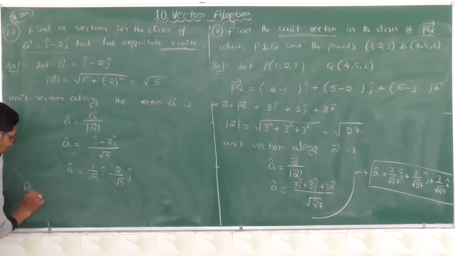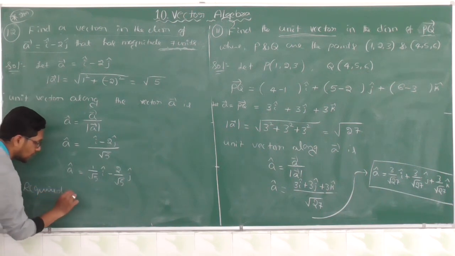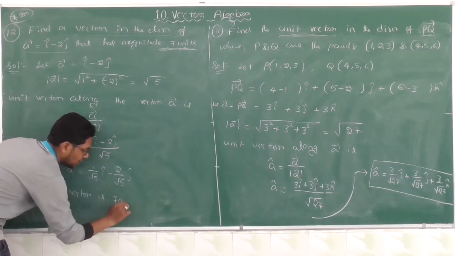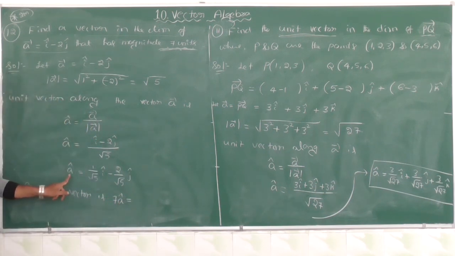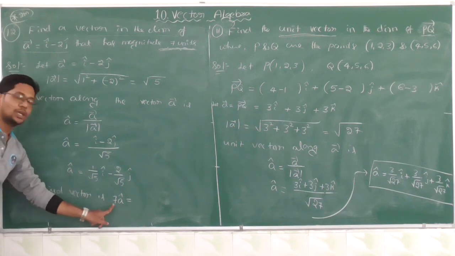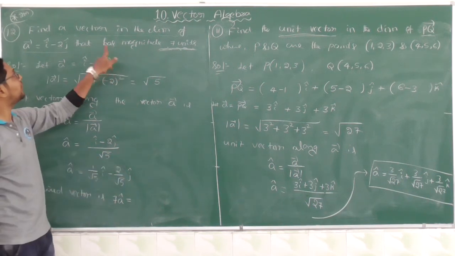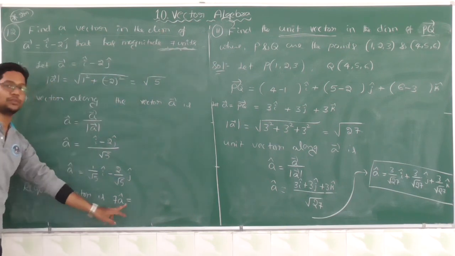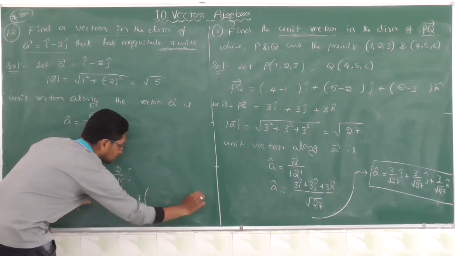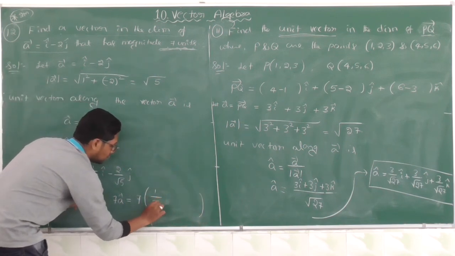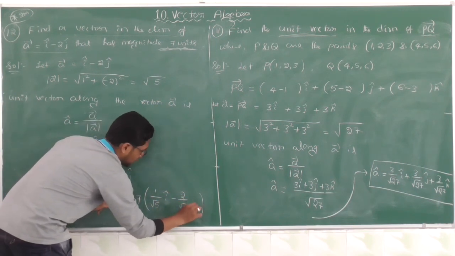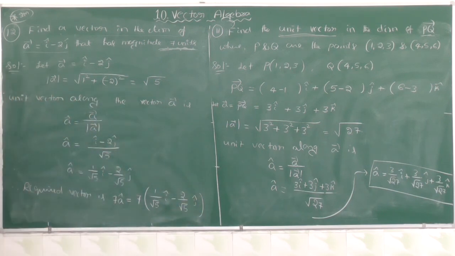Therefore, the required vector is 7 times the unit vector, because we have to find a vector that has magnitude 7 units. 7 times the unit vector equals 7 into 1 by root 5 i cap minus 2 by root 5 j cap. Hence, it is the required vector.